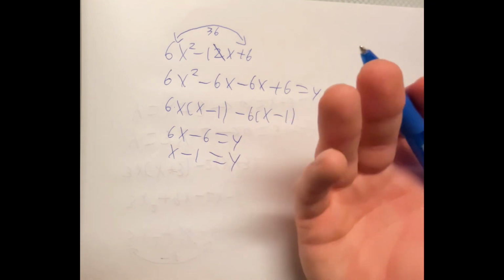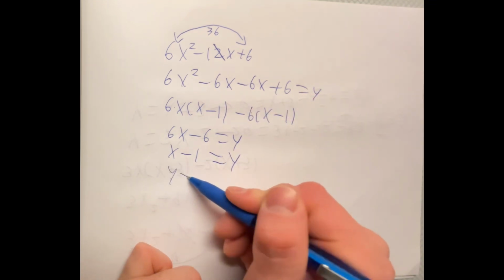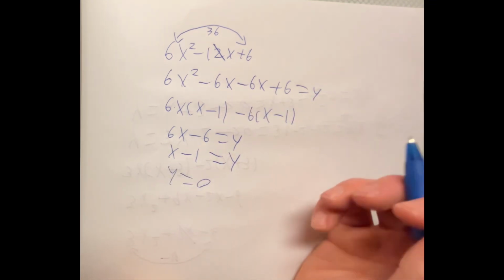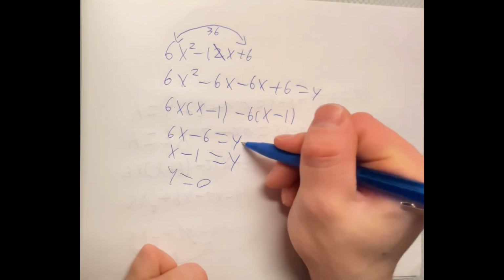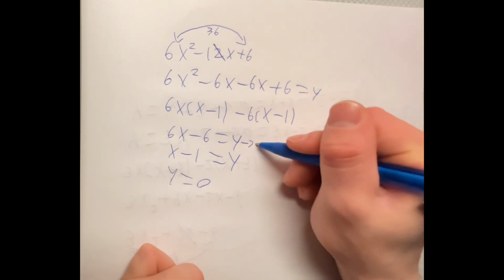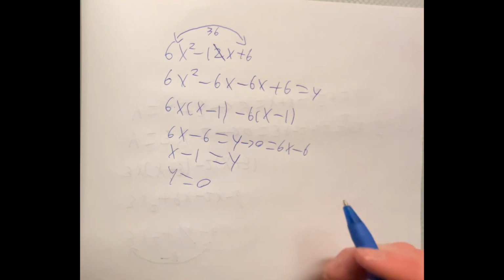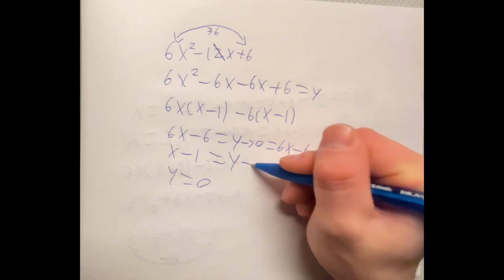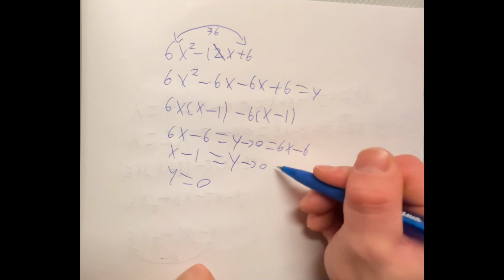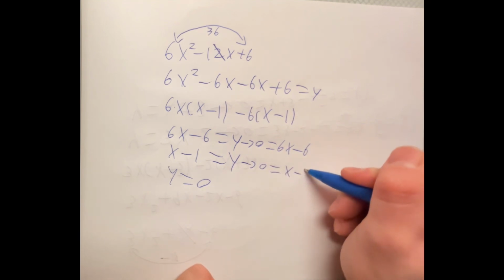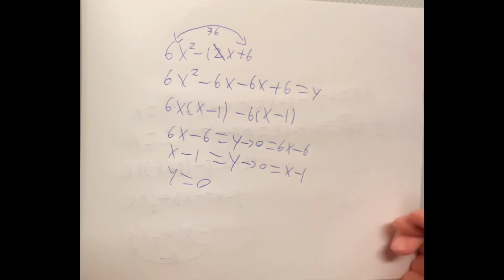Now in order to get our x-intercepts, we have to set y equal to 0, just like that. So we do that. Bring this over, and we go 0 equals 6x minus 6, just like that. And so for this equation, we do the same. 0 equals x minus 1, just like that.